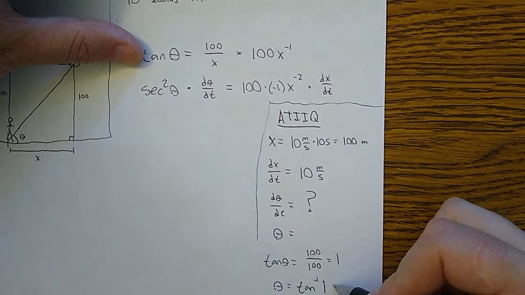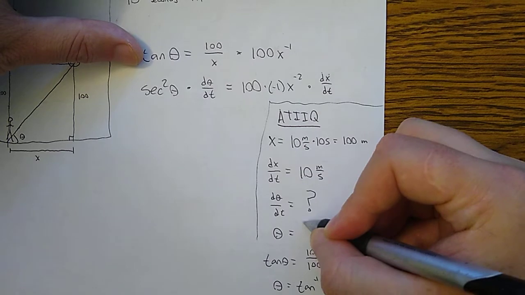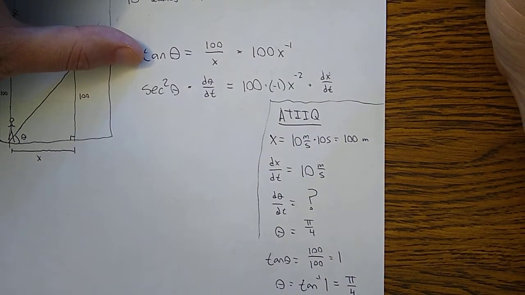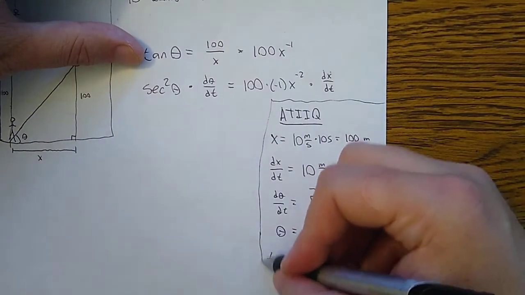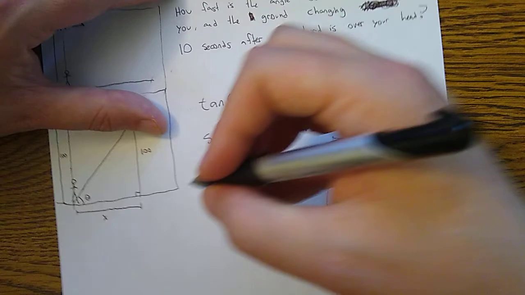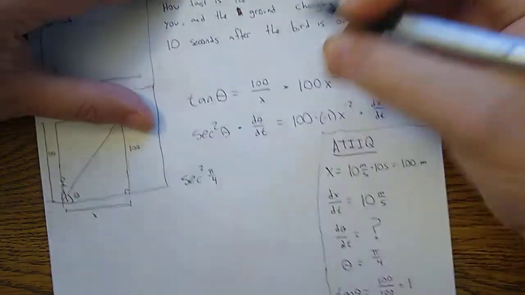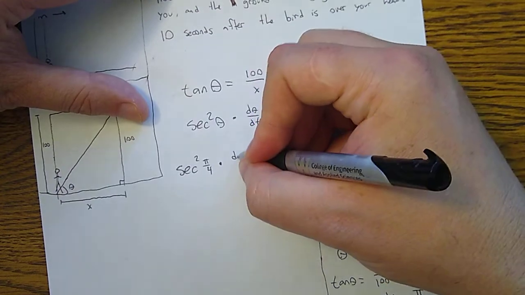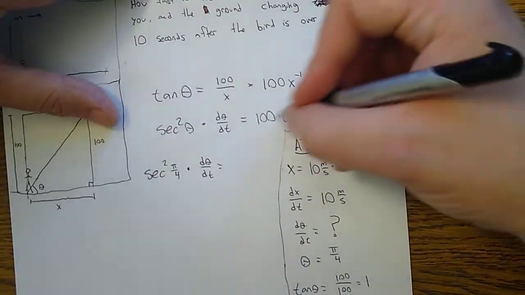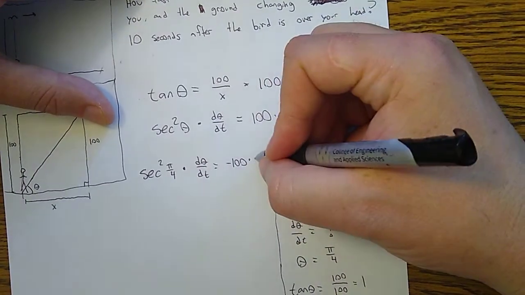So theta is arctangent of 1, which is pi over 4. Okay, now we plug all that in. And that would equal negative 100 times x to the negative 2.